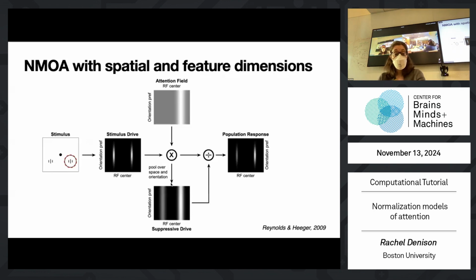The pooling here is equivalent to convolving this product with a filter that's integrating information from nearby neurons.